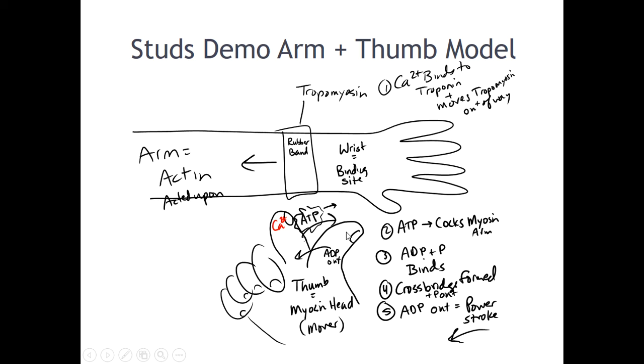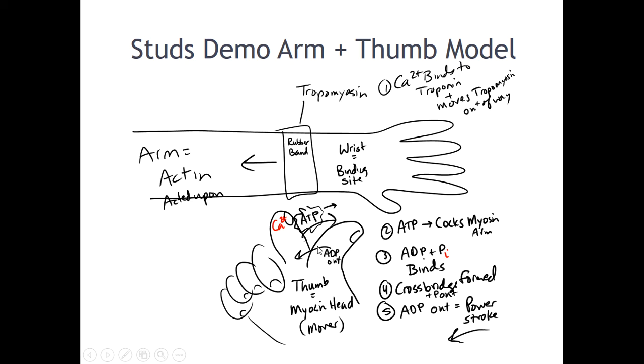The ADP and P are still bound, which gives it the right shape to bind with the myosin binding site. When it connects, the inorganic phosphate, which should have an I because it's not connected to anything anymore, pops off into solution, and that causes what's called the power stroke. As it does that power stroke, it kicks out the ADP and slides the whole myosin crawling up your hand.